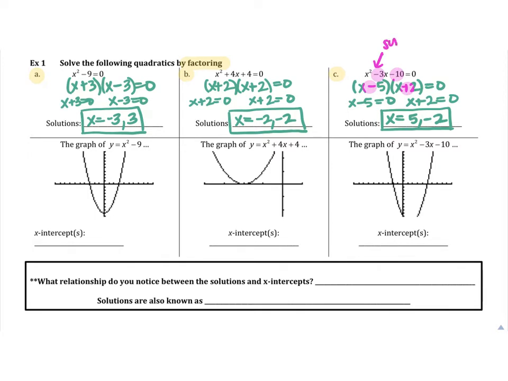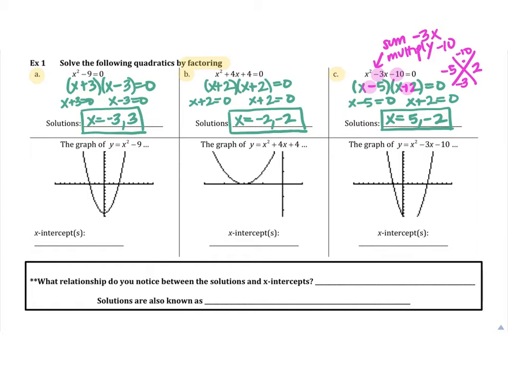We want to sum to -3x and we want to multiply to -10. If we were using the diamond math method, multiplying to -10 and summing to -3, that's why I'd have a -5 and 2 as my 2 factors. So if you're finding that your answers are ending up opposite of the correct answer, that's probably what's happening.